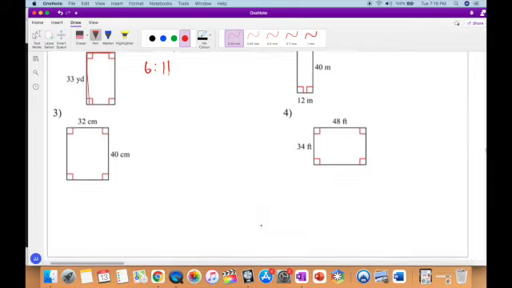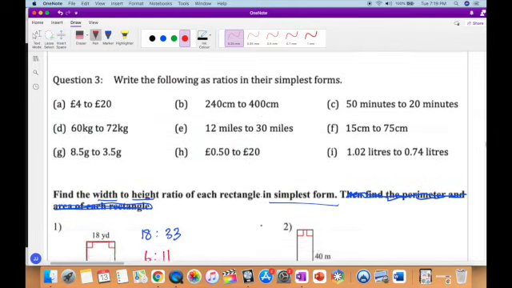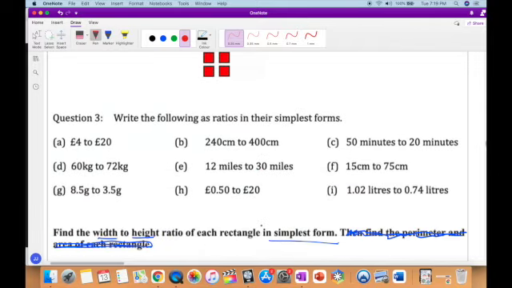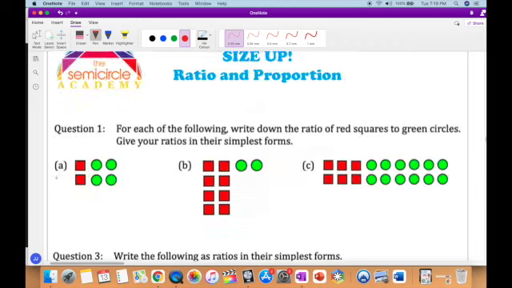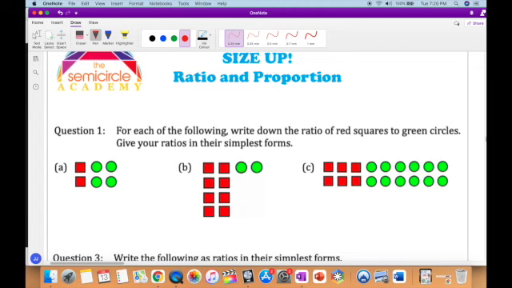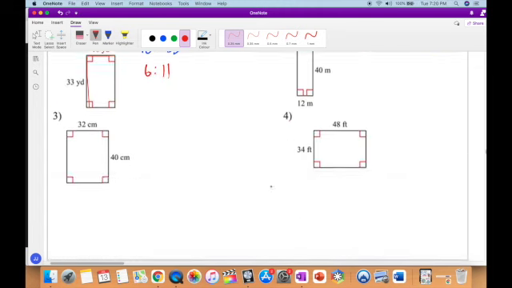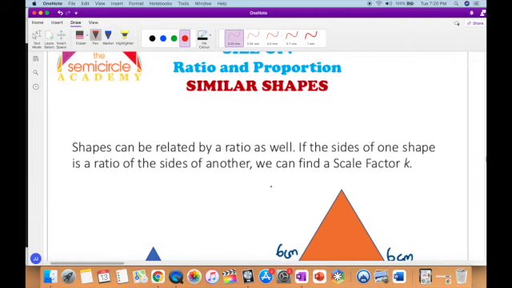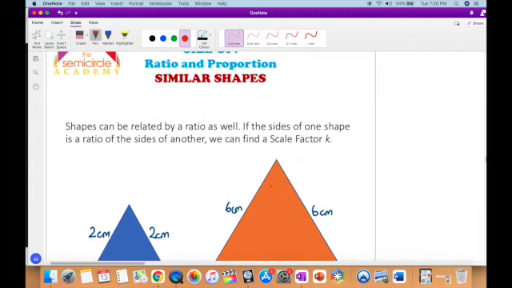So you guys could tackle all of these questions here. They're quite interesting, right? They actually gave you the ratios here and you just have to reduce it to its simplest form. And then you have these little visual ratios here that are quite easy to figure out, right? But this brings us to our next topic, because as you can see, ratios just compare things.